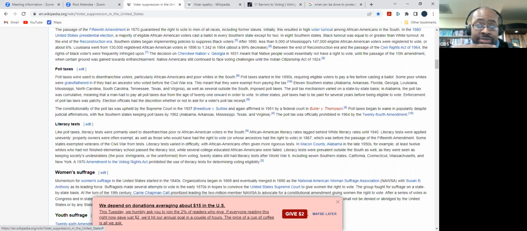The poll tax was officially prohibited by the 24th Amendment, which was passed in 1964. In certain states, the poll tax had to be paid prior to a particular election. And in other states, poll tax had to be paid for several years before you are eligible to vote.